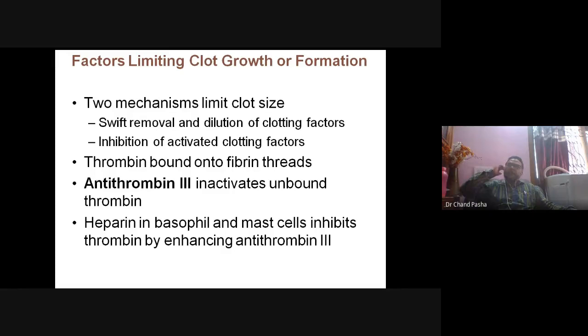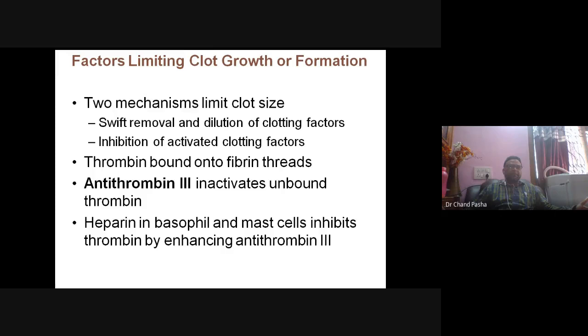Here, the factors limiting clot growth and formation, like how much time it requires and how large the clot should be, are dependent on two processes. One is the dilution or removal of the clotting factors. 13 clotting factors are involved in this case.